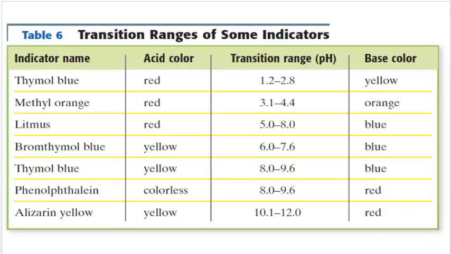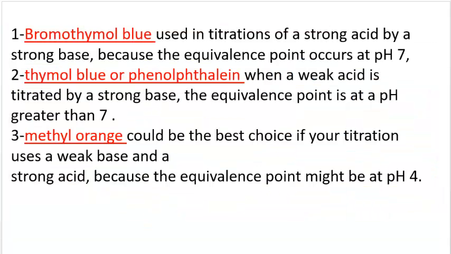This is the table of the main important indicators and the titration range. From this we can conclude that bromothymol blue is used in titration of a strong acid by a strong base because the equivalence point occurs at pH 7.